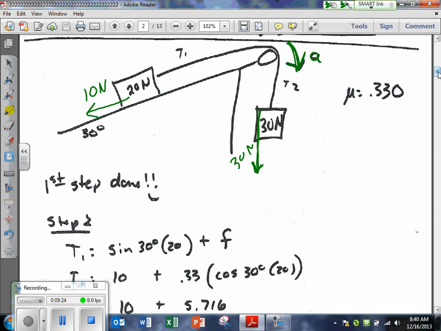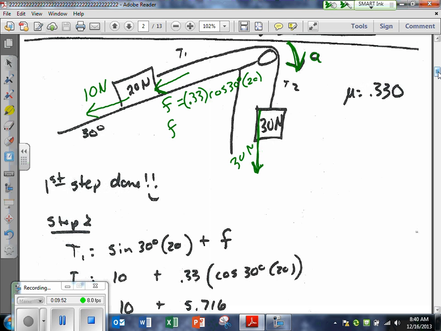Now our friction is going to be in the opposite direction of movement, so I'll put it in here. I'm going to say friction is equal to, just because I know this thing is going to move this time, the coefficient 0.33 times the normal, which is the cosine of 30 times 20.